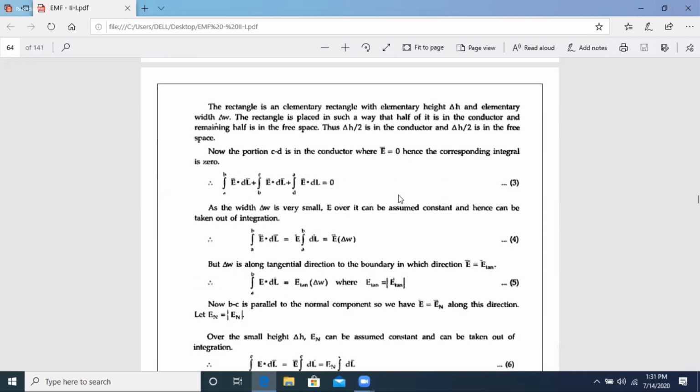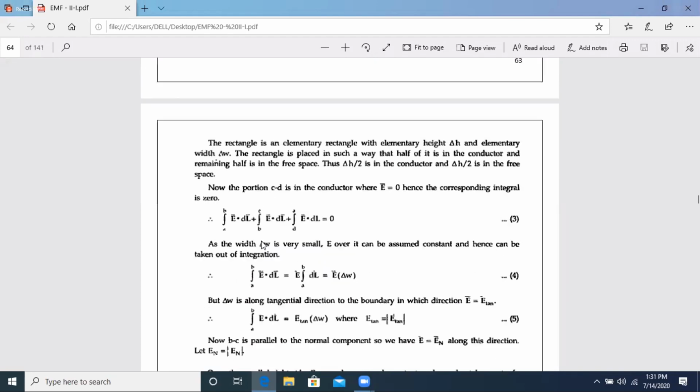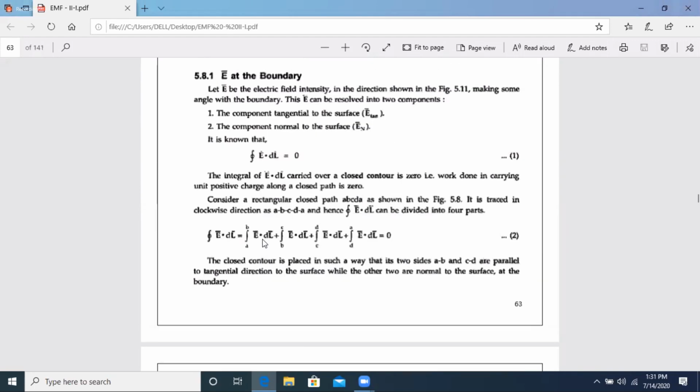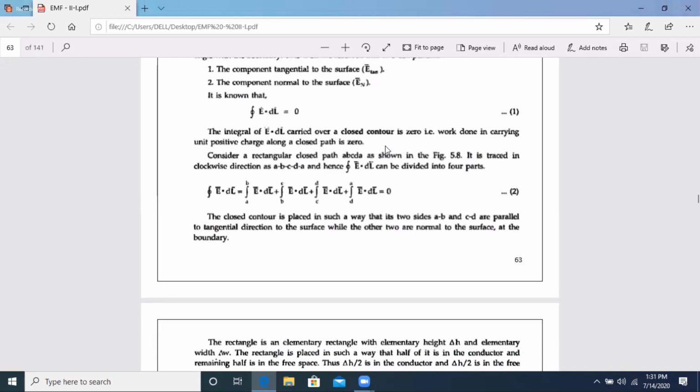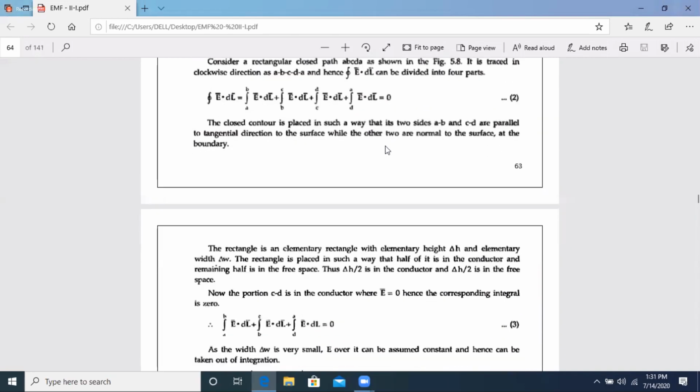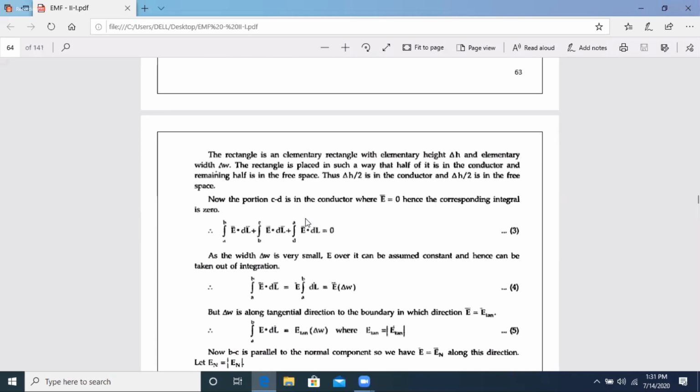So E dot dl, A to B, B to C and D to A equals 0.